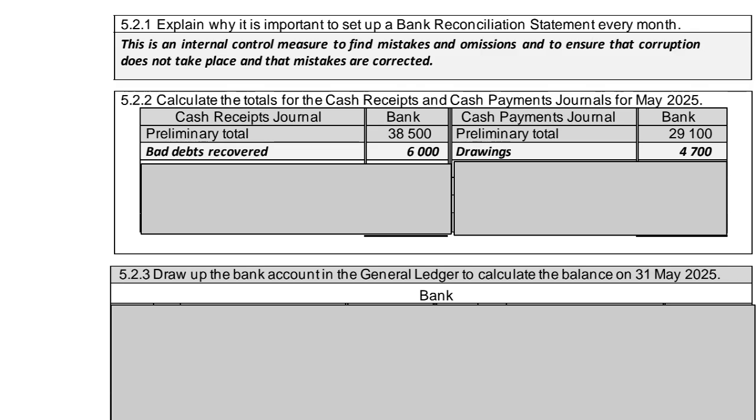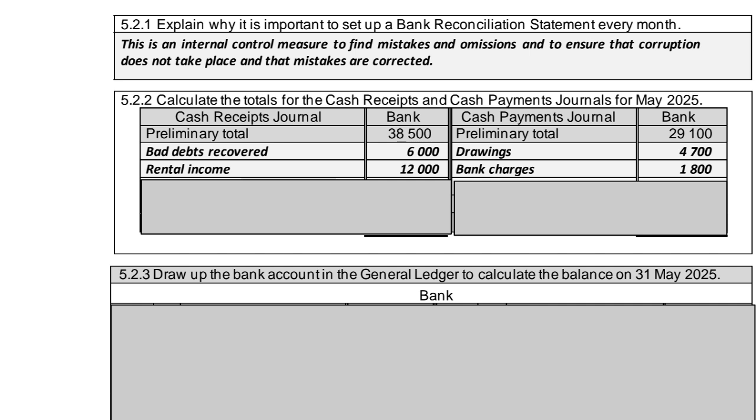So it's an income that we received that goes to the cash receipts journal. It's rental income, R12,000. D. The bank charged banking fees of R1,800 as well as interest on overdraft of R950. So that'll go to your cash payments journal. Our bank charges R1,800 and then our interest on our overdraft as R950.